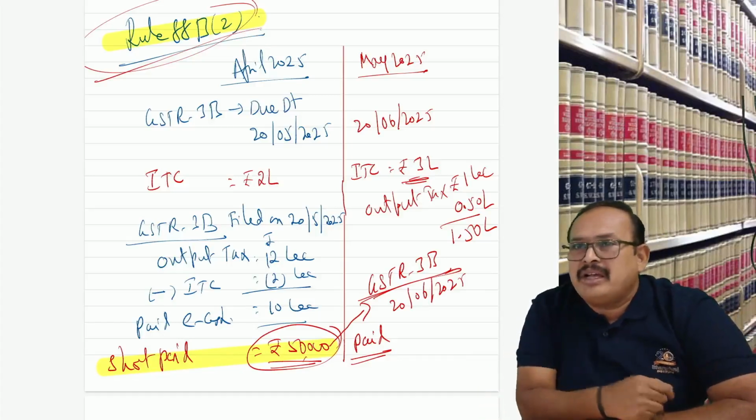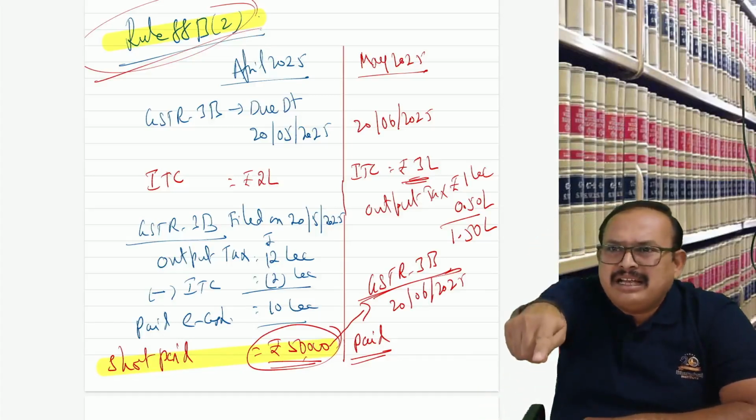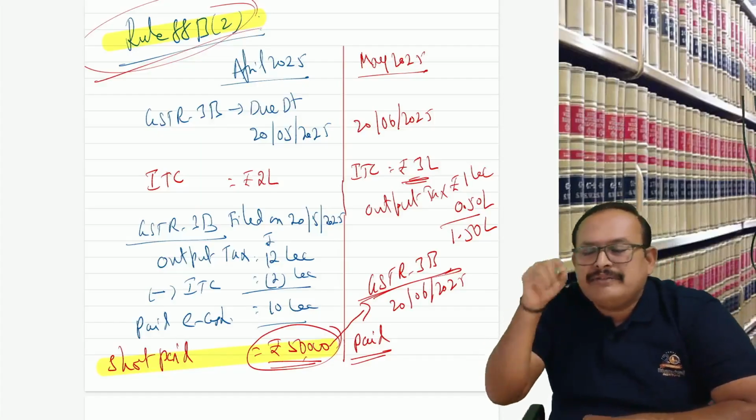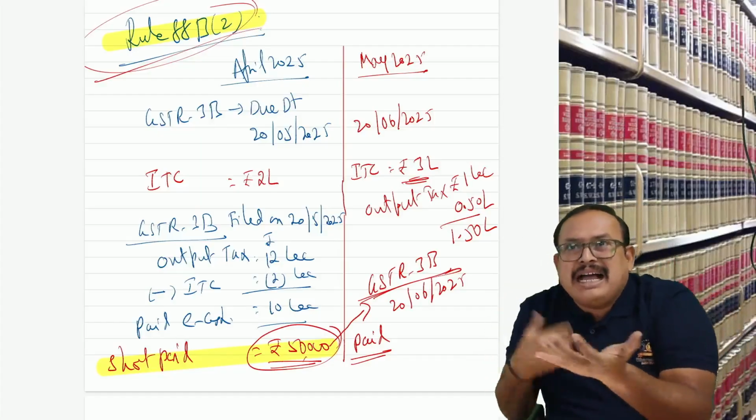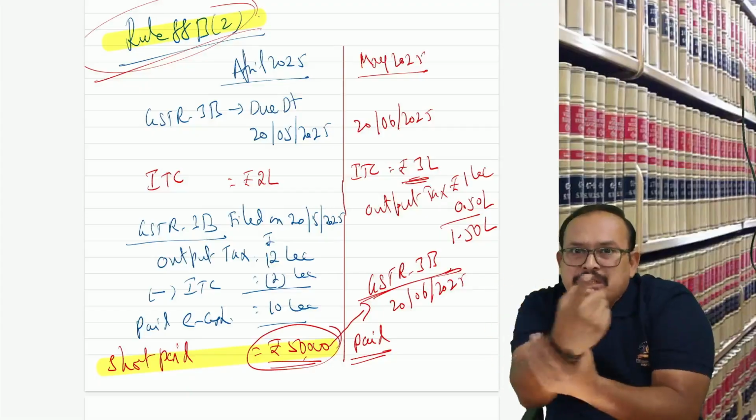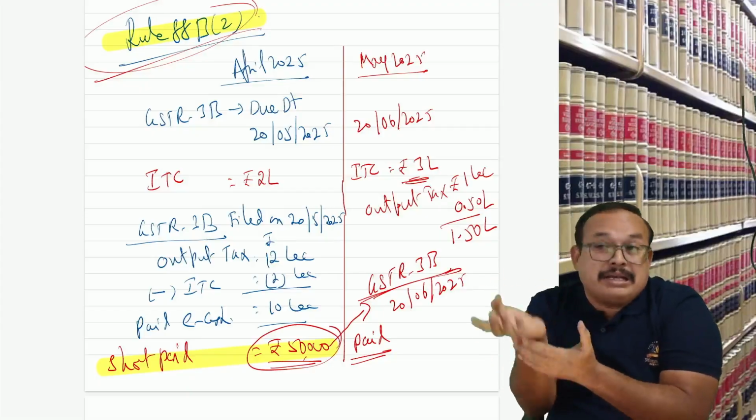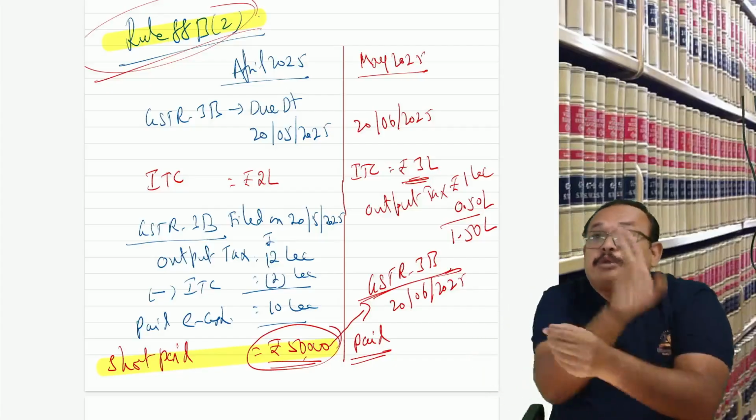Now I am arguing the amount is available in the electronic cash ledger. If the amount is available in the electronic cash ledger, I cannot withdraw the amount. You get my point, sir? Only I can take that money through the refund procedure.